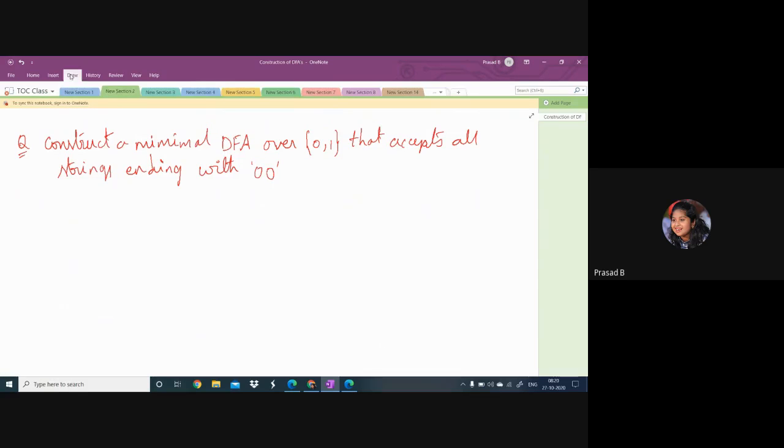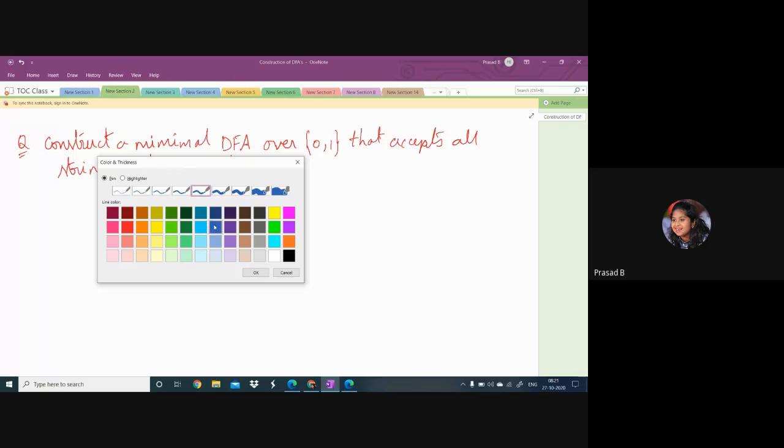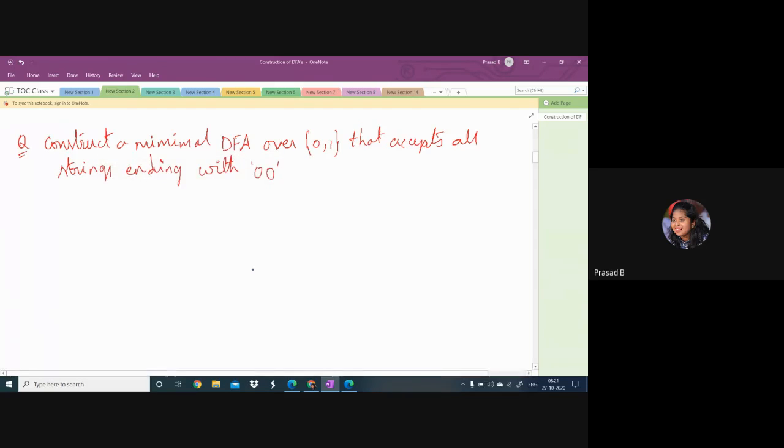This is the question. Okay, here the string is a combination of zeros and ones.